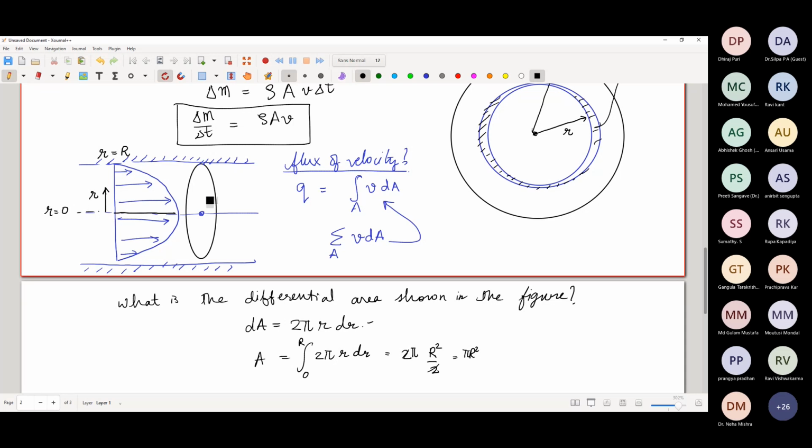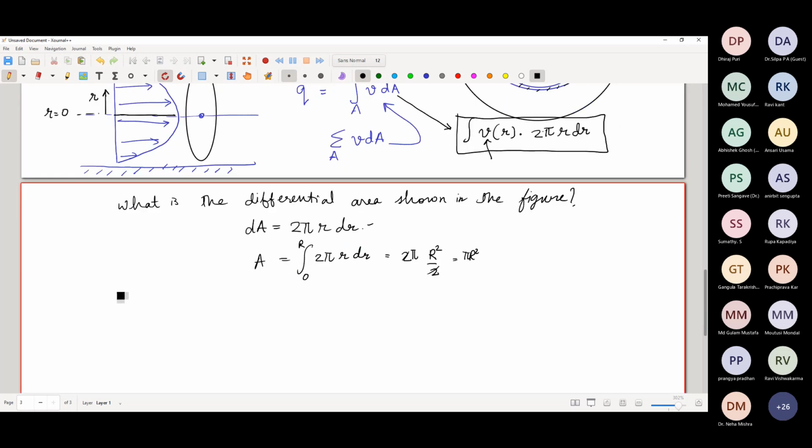So when we want to find this integration, it will be the integral of the velocity, which is a function of r, times dA, which is equal to 2 pi r dr. So this will now be the expression for the volumetric flux. And we cannot evaluate this at this moment as we do not have any expression for the velocity as a function of r.